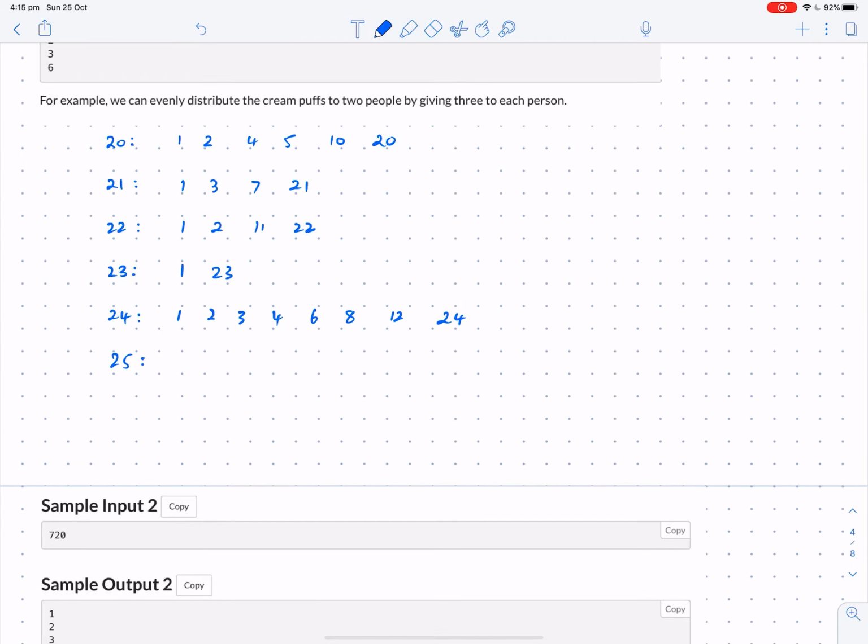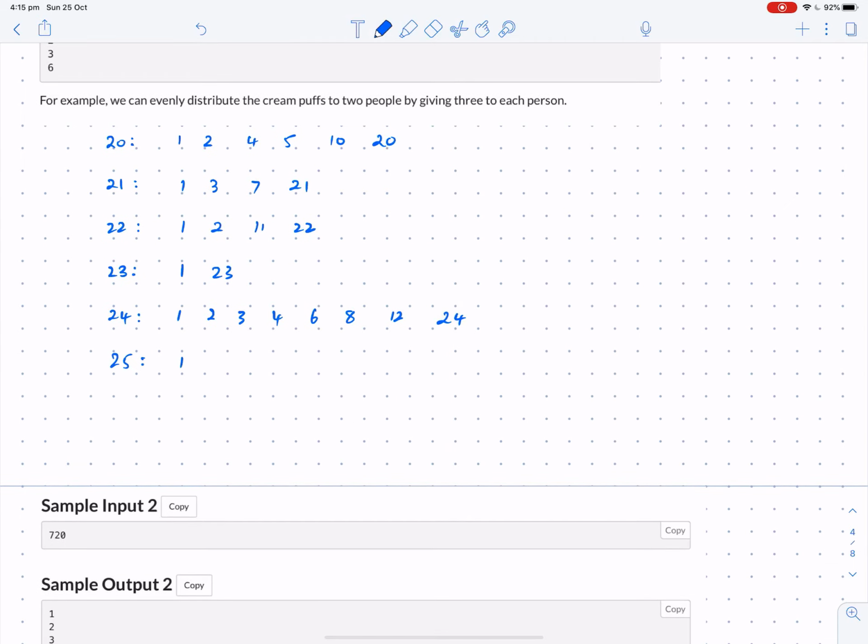And finally 25: 1, 5, 25. So by considering a few different inputs, I've got a nice range here. We've got a prime number. I've got a heavily composite number in 24, and importantly, I've got a square number.